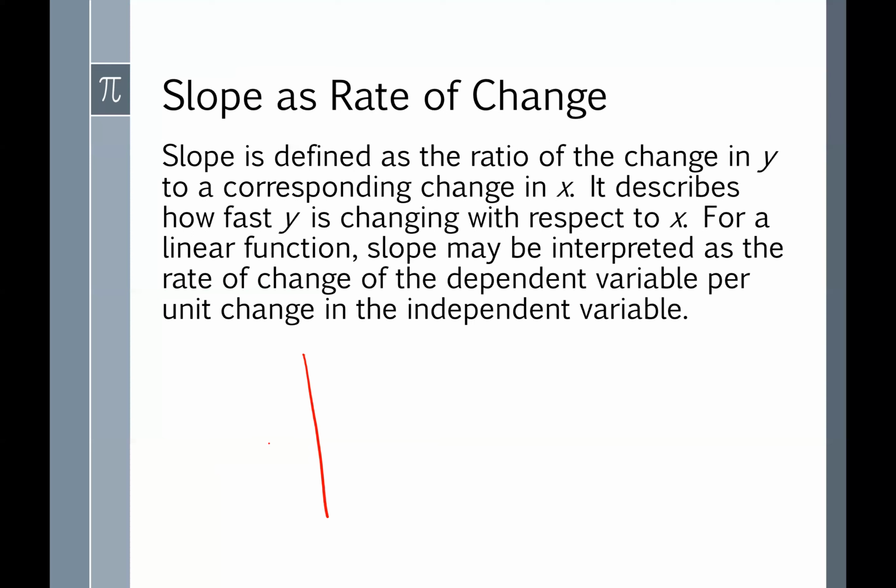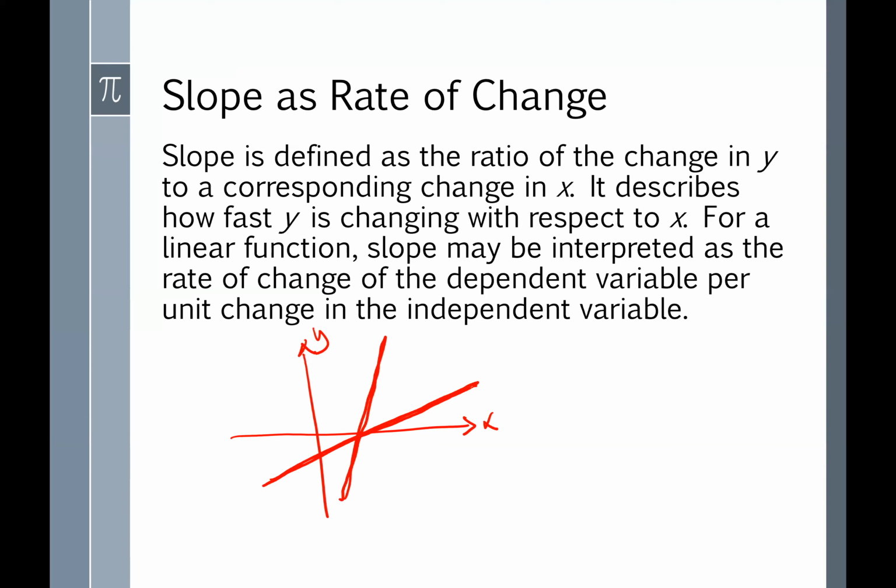For example, if I draw two lines, let's draw one that looks like this, and then let's draw one in a different color. Let's draw one that looks like this, and we'll give them the same x-intercept.